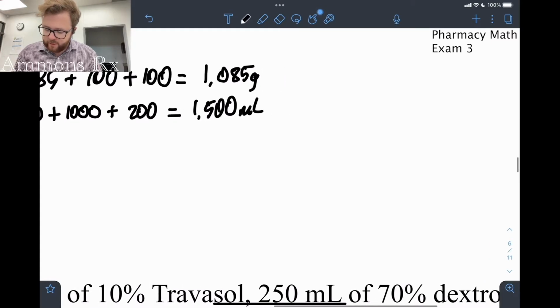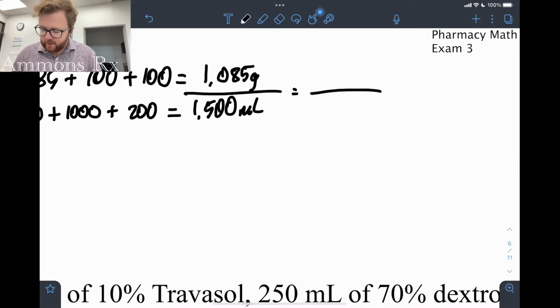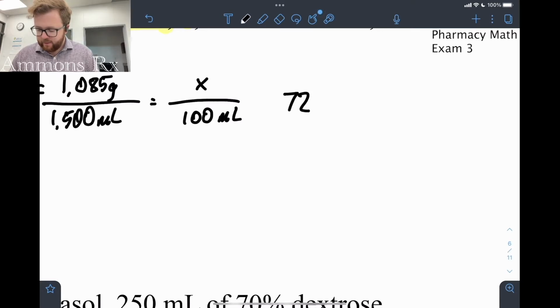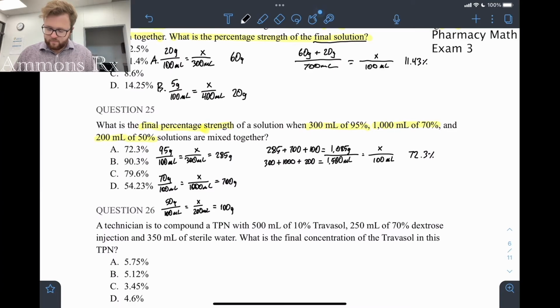Okay, so the last thing we need to do is say, what percent strength is that? So I have 1085 times 100 divided by 1500. And I'm going to get 72.3%, which is correct.